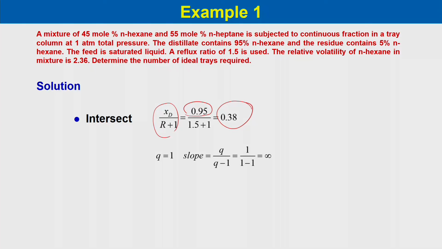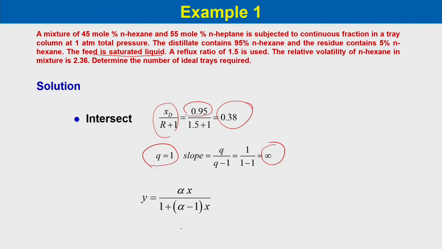Since in this case the feed is saturated liquid, q is equal to 1. So, we can calculate slope is equal to q by q minus 1, which is 1 by 1 minus 1, which is infinite. So, the slope is infinite. So, it will be a vertical line from the location of the feed on the 45 degree diagonal.